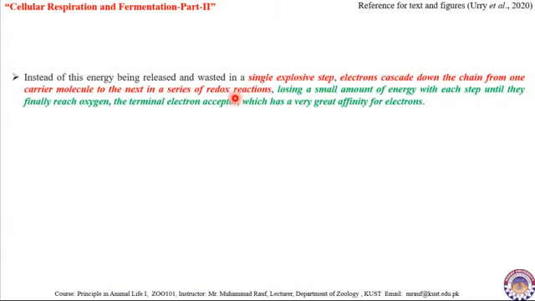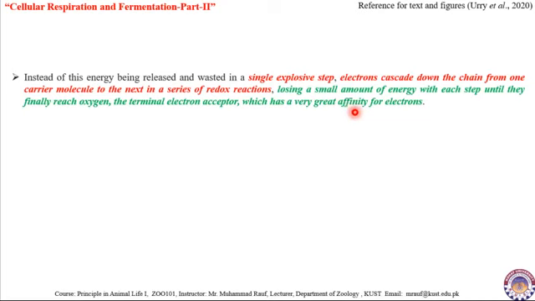Now, instead of this energy being released and wasted in a single explosive step, electrons cascade down the chain from one carrier molecule to the next in a series of redox reactions, losing a small amount of energy with each step until they finally reach oxygen, the terminal electron acceptor, which has a very great affinity for electrons.